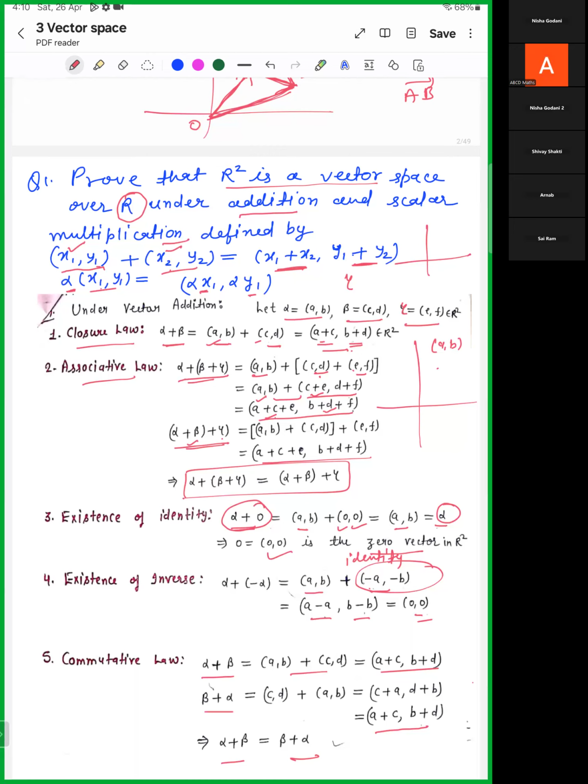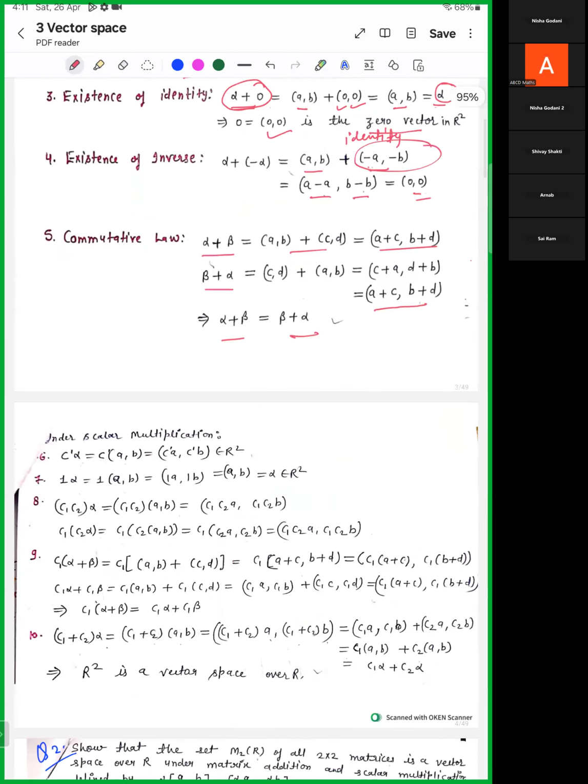We now have the concept of vector spaces after generalization. For any set of vectors with the operations vector addition and scalar multiplication, and having some field of scalars, we must have the satisfaction of these 10 properties. If these hold, then we say that mathematical system is a vector space. Okay, so first we are doing this for R squared.